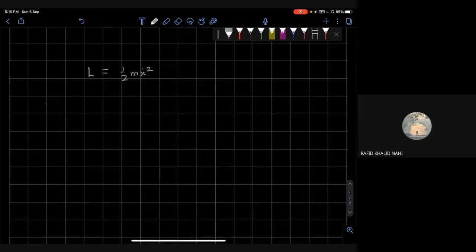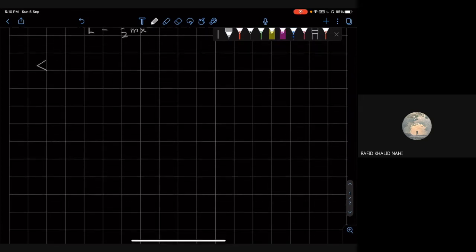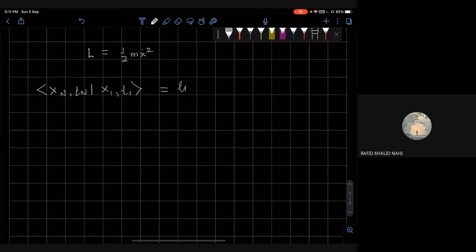So the Feynman path integral in configuration space, from x1 t1 to xn tn, is equal to, we take the limit n goes to infinity.